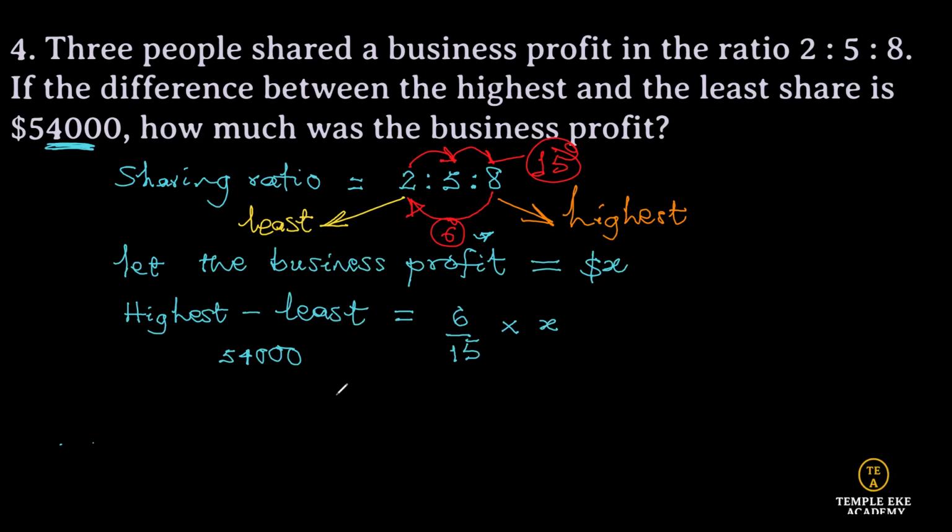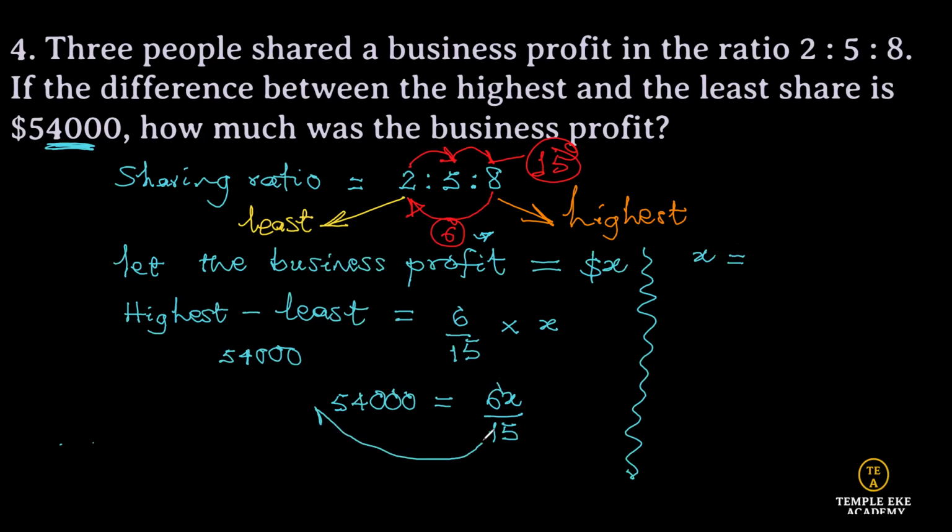So let us break it down. 54,000 equals 6x divided by 15. And we can easily find x from here. We can say x, multiplying both sides by the reciprocal of the coefficient of x, which means 15 up there, 6 down there.